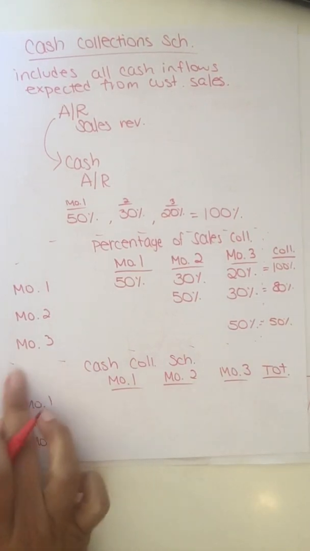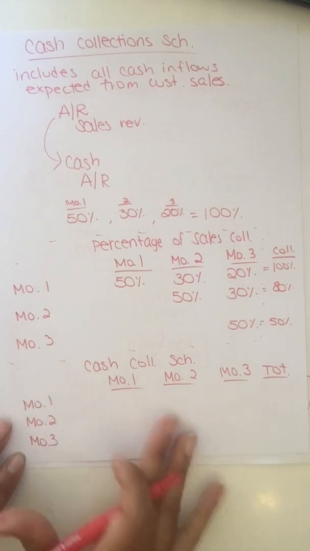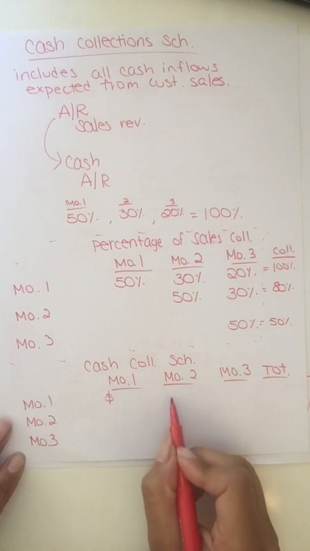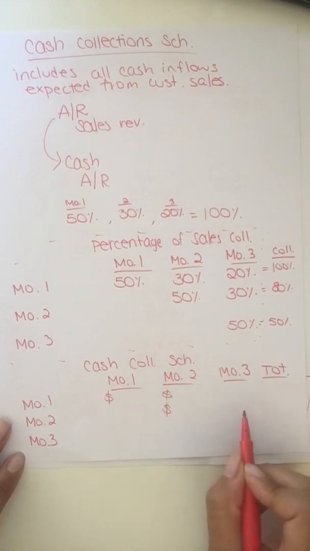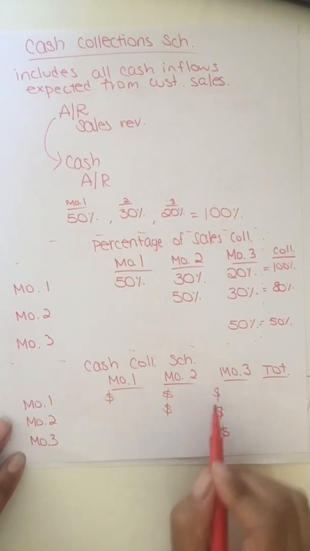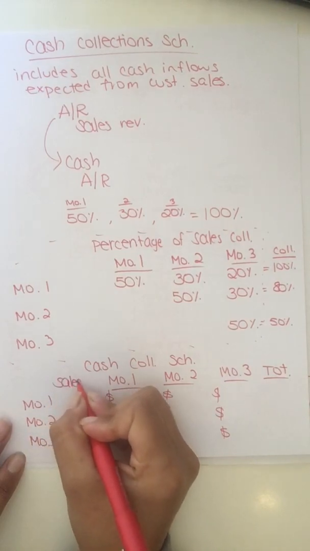If it wasn't, you're going to have some prior months up here that you will still be collecting in month 1. We'll see an example of that next. And then here we'll quantify and put actual dollar amounts based on the dollar amounts given here, so here we would have sales dollars.